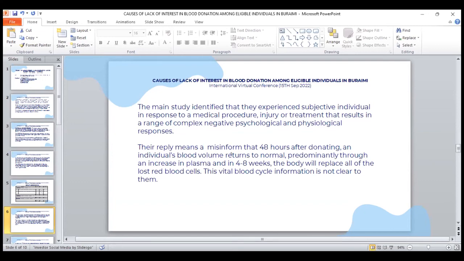Still at 83.3%, the same as item number 2, item number 3 is that they are not well informed of the benefit, or an explanation that plasma in the body can be replenished within 48 hours and red blood cells back to normal volume after blood donation within 4 to 8 weeks.